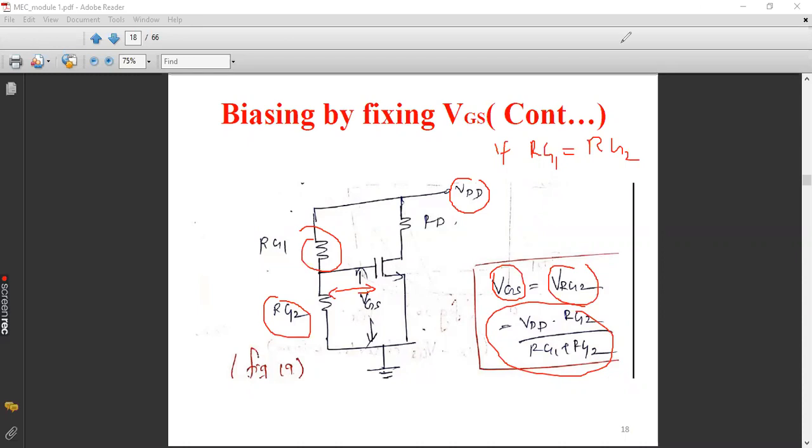The condition is RG2 is equal to RG1. Substitute the condition in this equation. Yes, are you there, Rakshit?